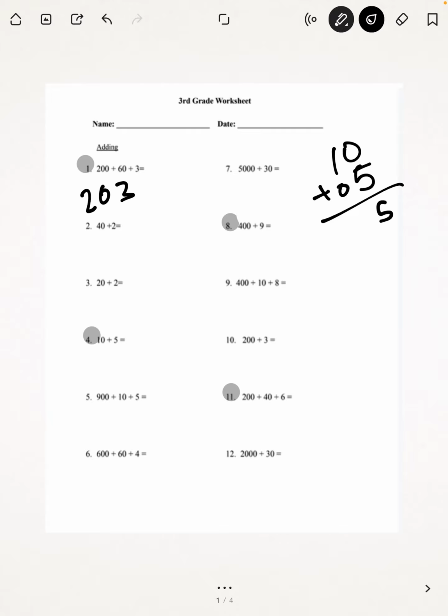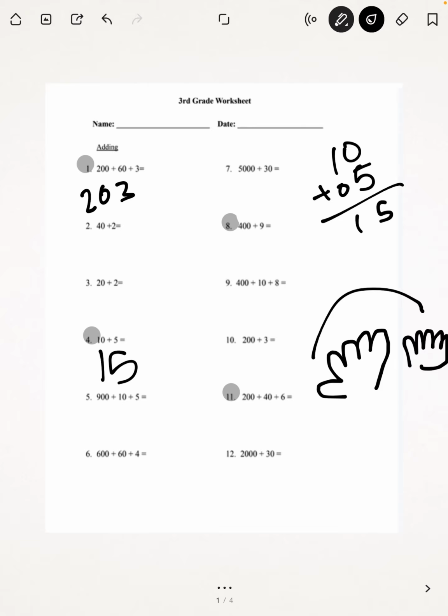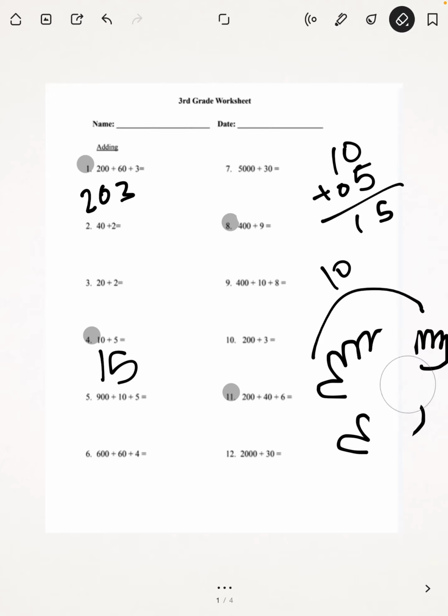And then it just brings it down. 1. So this one's 15. Or you could just count with your hands, like 1, 2, 3, 4, 5. And then you have 2 of these. And this is 10. And then you could just add another one. And that makes 15. You can count it with your fingers too.